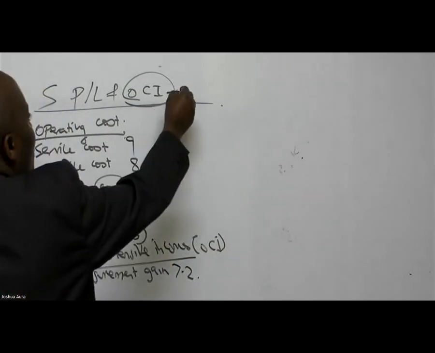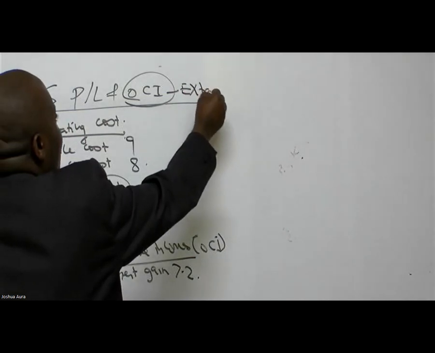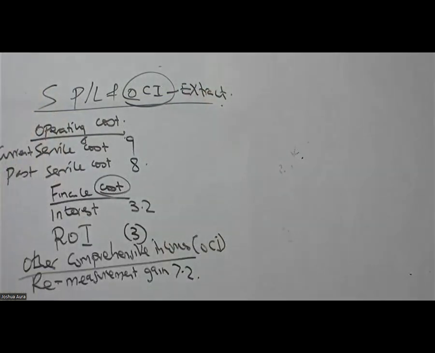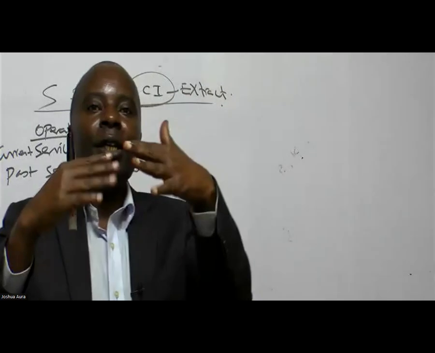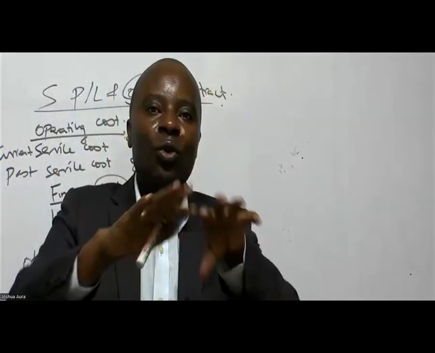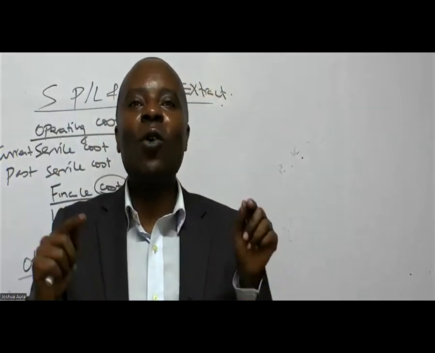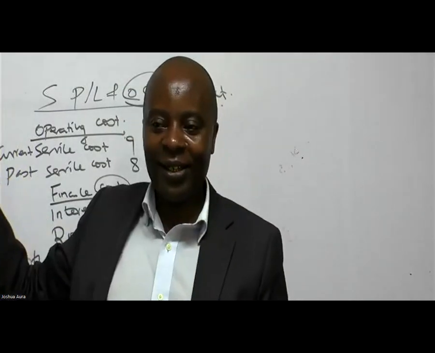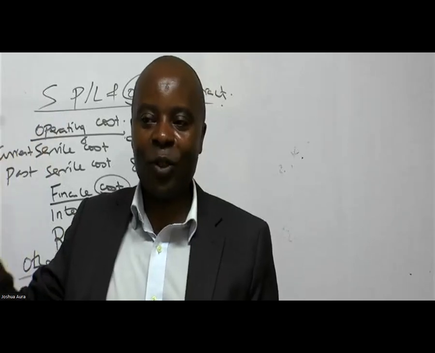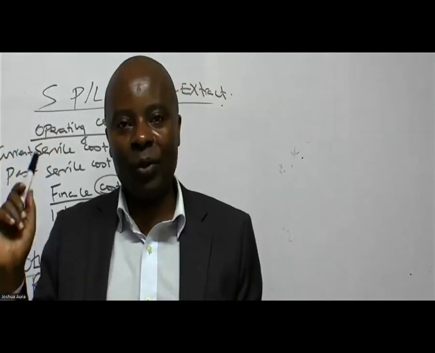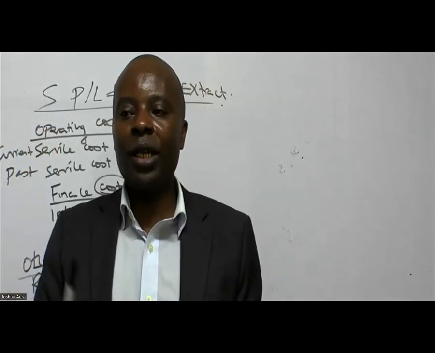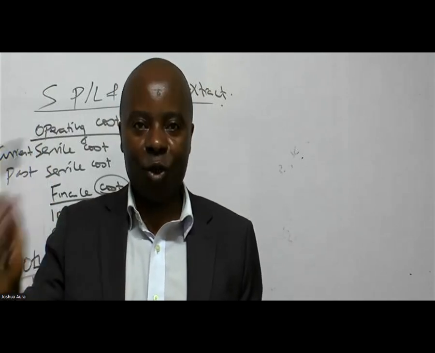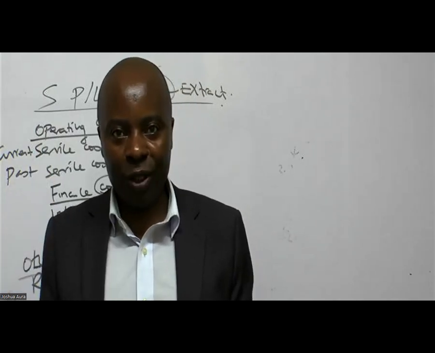Remember, ladies and gentlemen, you must also demonstrate there that this is an extract. So when you go to the disclosures in your financial statements, notes to the accounts, you must have a whole note on the pension plan, and this is what you shall show there, because you must expound on how you get the figures that are shown in the financial reports.